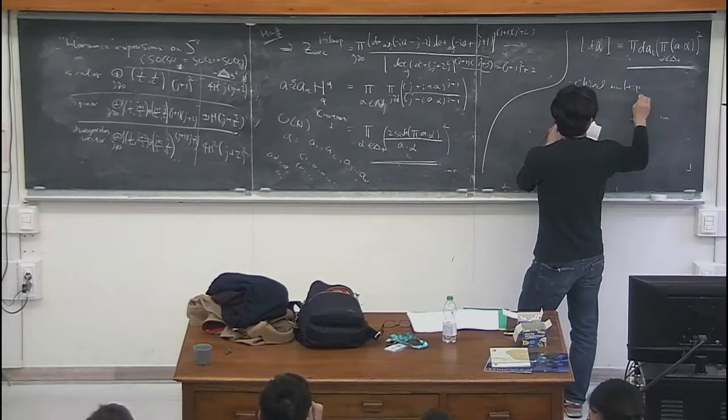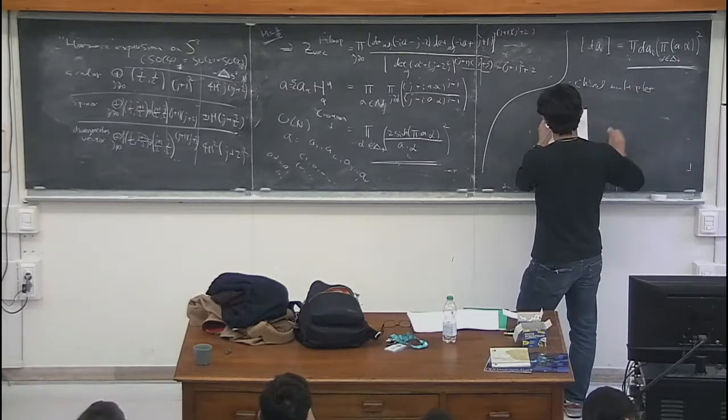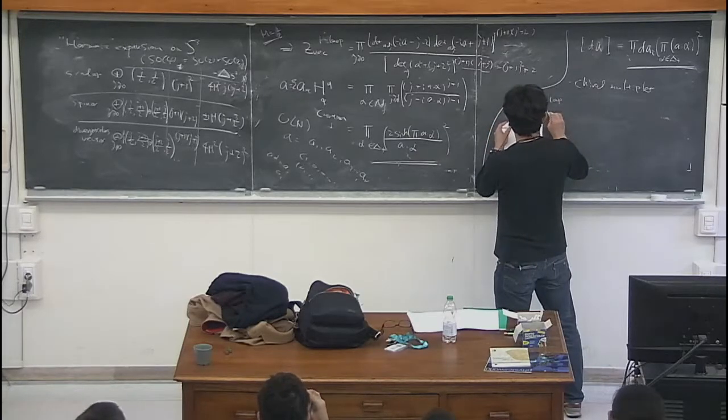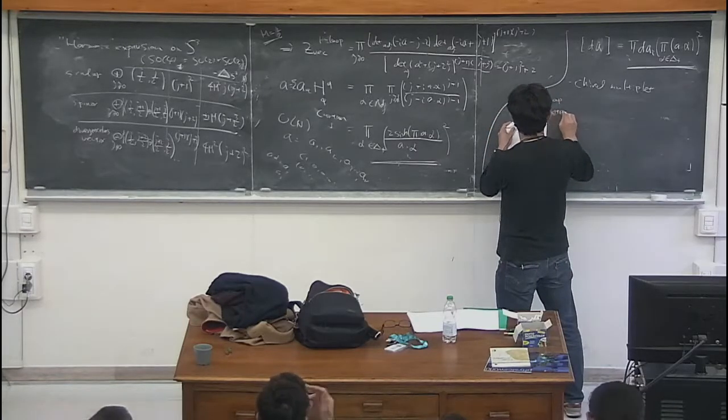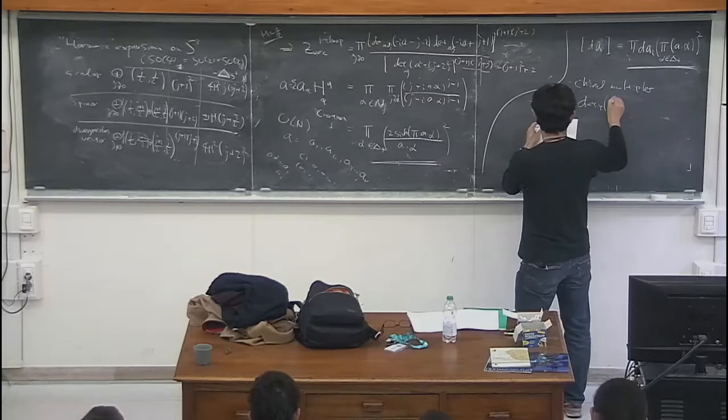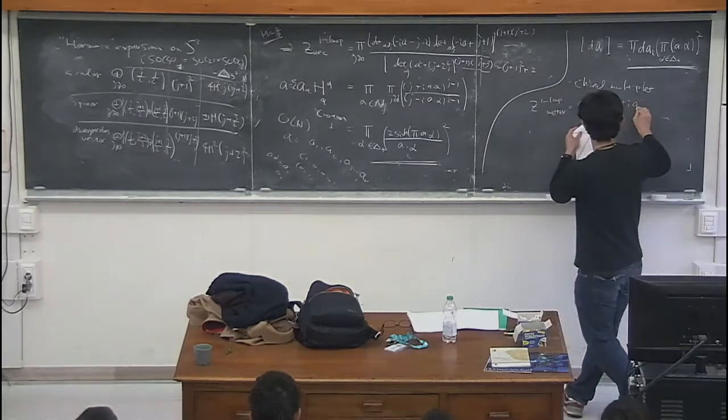And for the chiral multiplet, we can do the same way. So it only includes boson, scalar and fermion. And from the kinetic term, we can see it's like this.